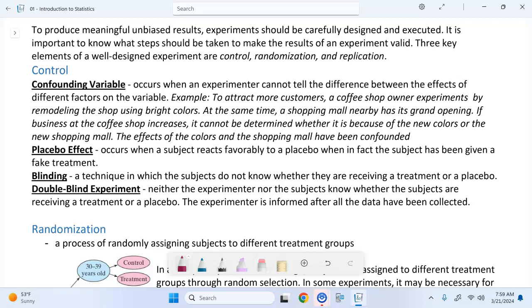When you cannot tell the difference between the effects of different factors, right? So, for example, there are some days where my face is a little scruffier than normal. And those are days where I also didn't get as much sleep. Okay?